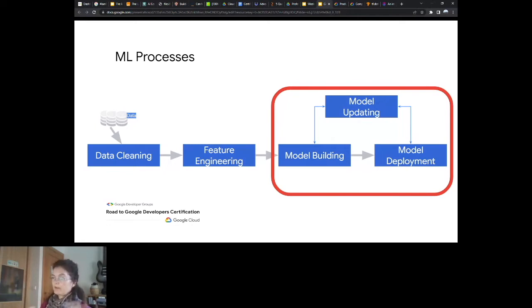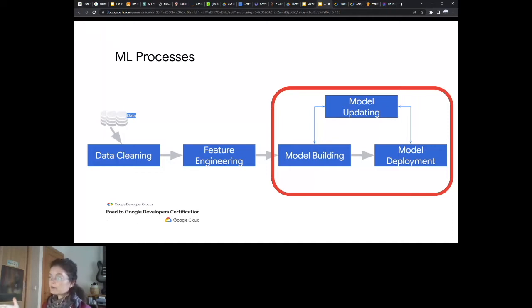Once you have done all this, the cleaning, preparing all the parameters, the scaling, transforming, or creating new ones, you go to the part of building the model and start training it, and then finally deploying it.